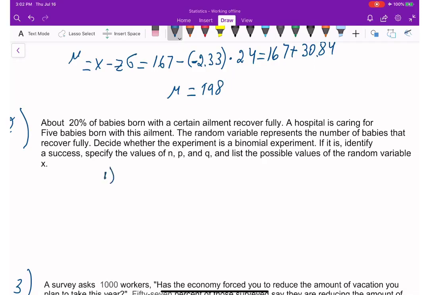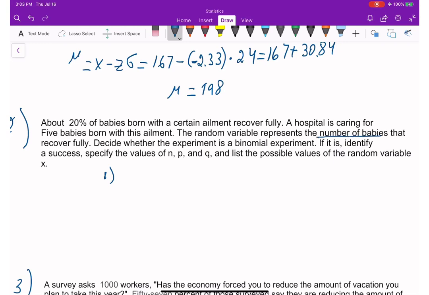The first condition for a binomial distribution is that the experiment repeats itself a fixed number of trials, and the trials are independent. Do we have a fixed number of trials? Yes. It represents the number of babies that fully recover.